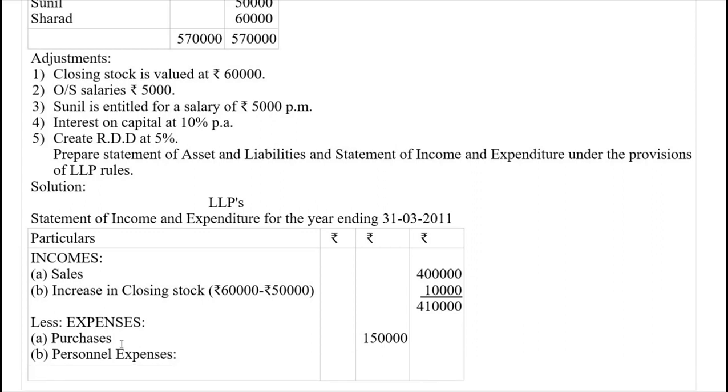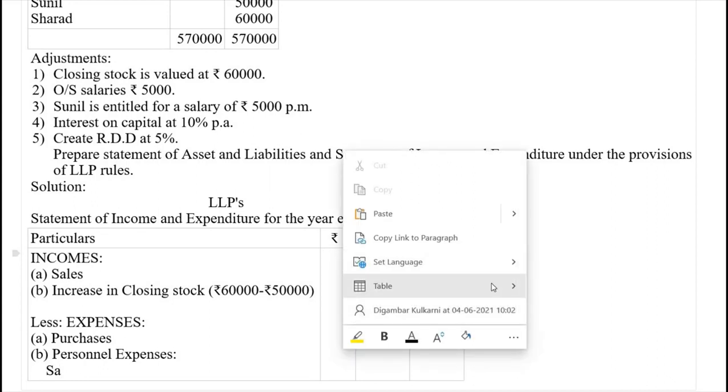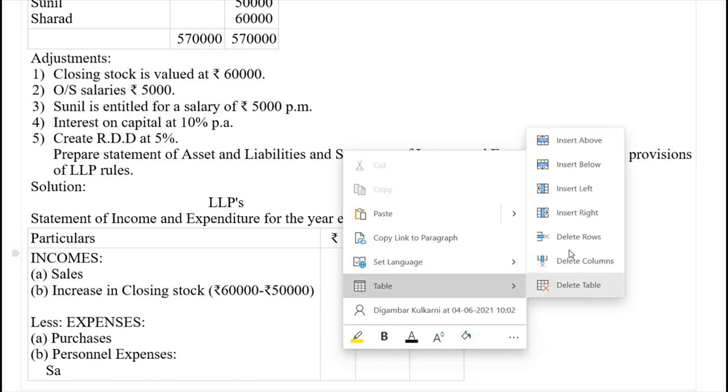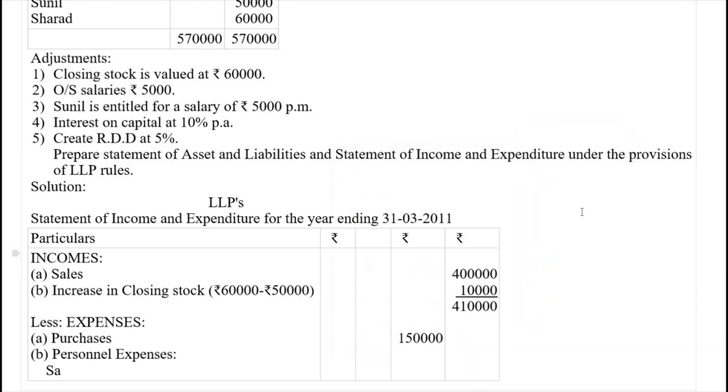Here we have salaries. One more column is required here. Salaries, to this we should add outstanding.